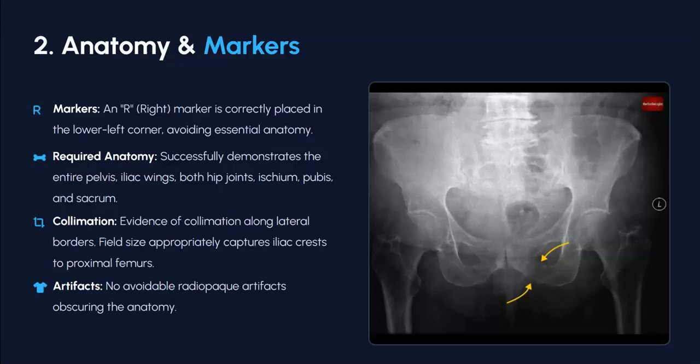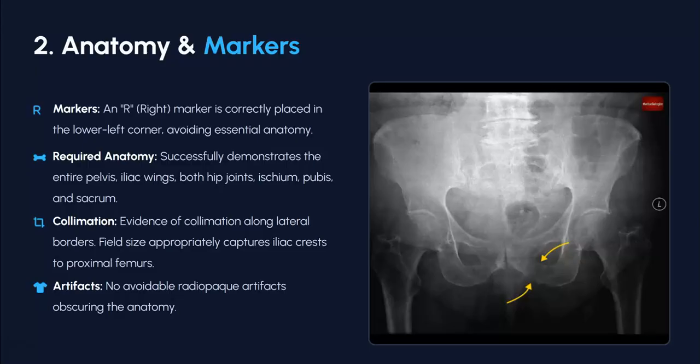Moving on to our anatomical requirements. An optimal AP pelvis projection must demonstrate the entire pelvic girdle and proximal femurs. This image successfully captures all necessary structures superiorly. We have clear visualization of both left and right iliac wings, as well as the iliac crests.